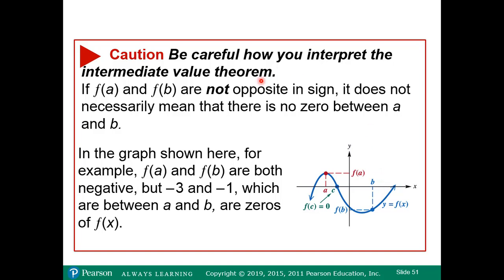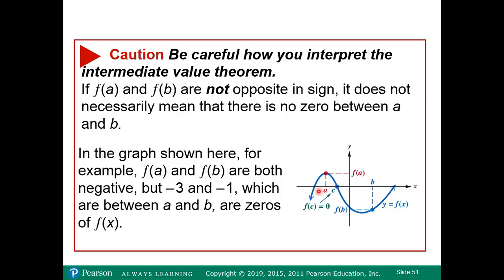Now, be careful when you interpret the intermediate value theorem. Again, if A and B are not opposite in sign, it does not necessarily mean that there is no zero between A and B. We could have just picked some pretty bad points. In this graph, point A is above the graph and point B is below the graph, and so the intermediate value theorem says there has to be a C in between where it crosses.